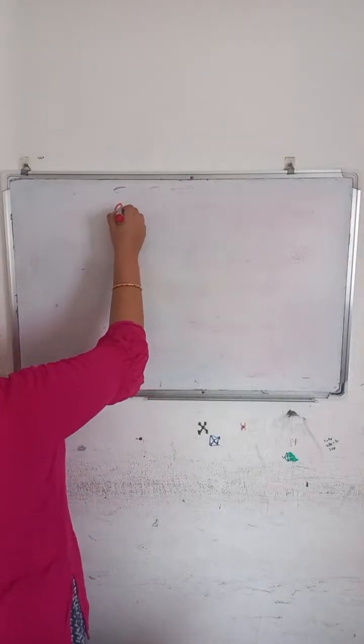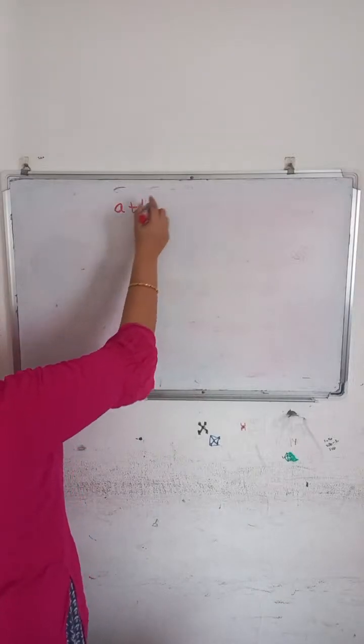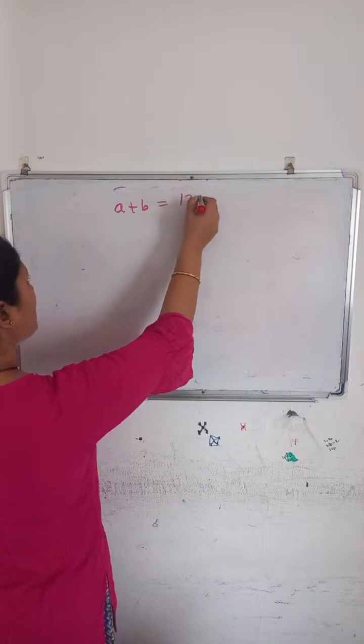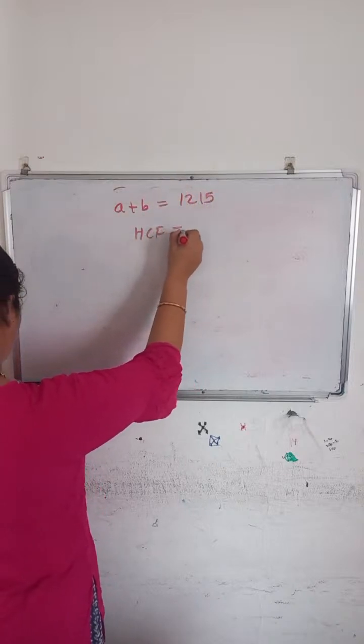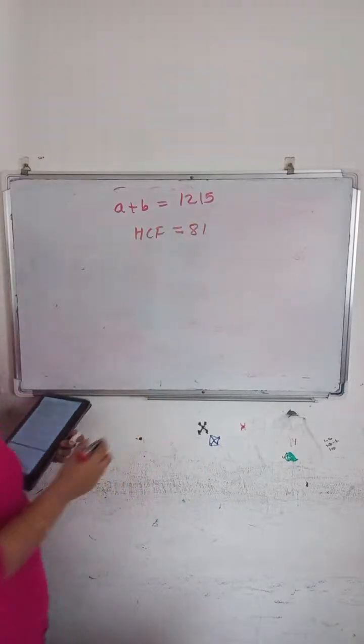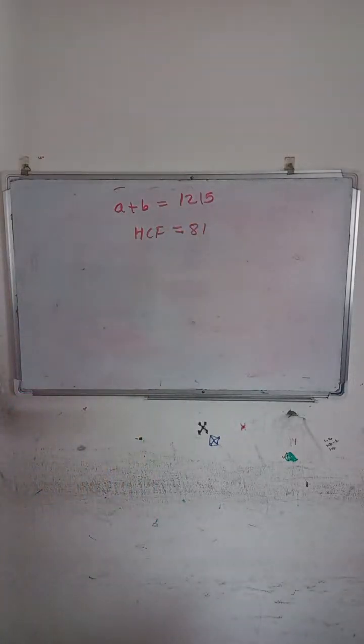The two numbers are A and B, the sum is 1215, and the HCF of the numbers is 81. They are asking for the possible number of pairs.